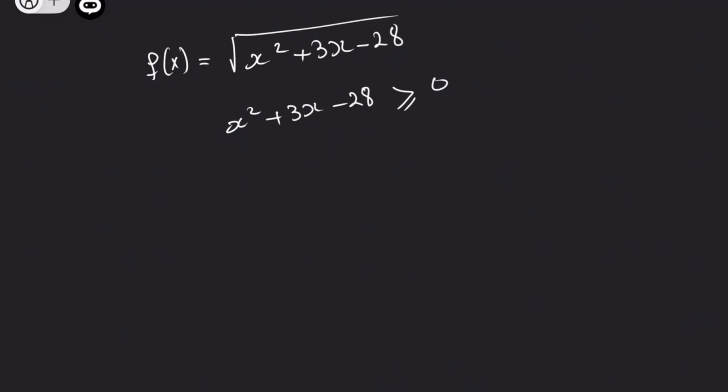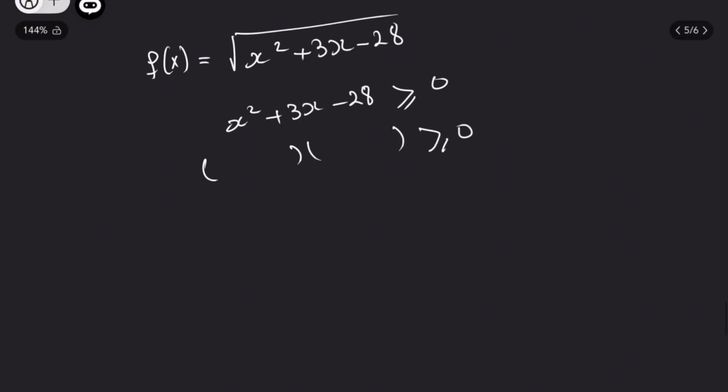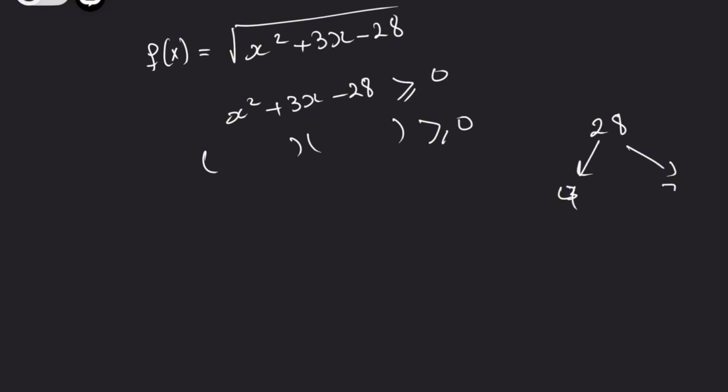So let's solve this. It's a quadratic function. How do we solve a quadratic function, by the way? We said we have many ways, so I am going to choose factorizing. So we need two numbers whose multiplication is 28. So we have 4 and 7.